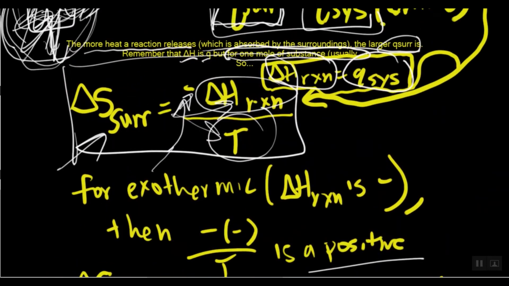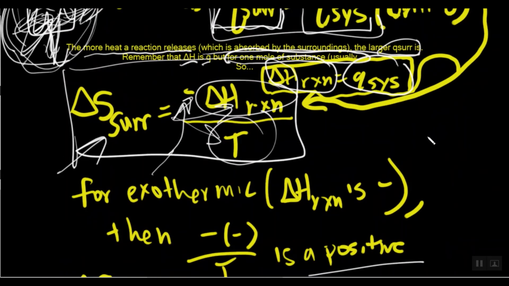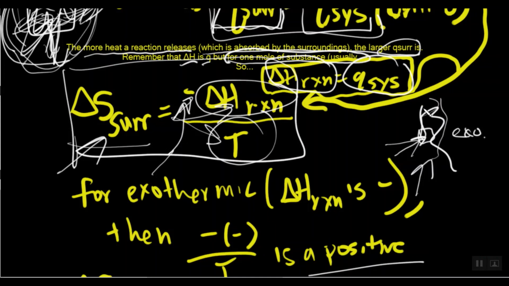And this makes sense, because in an exothermic reaction, if you think about it, now we can use the fire analogy with the marshmallow. If this reaction is releasing heat, and it's thus exothermic, don't you agree that the surroundings will have a positive entropy? Or in other words, won't this marshmallow heat up in temperature? Won't the air be heated up?